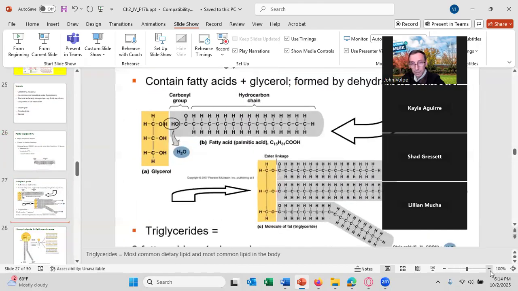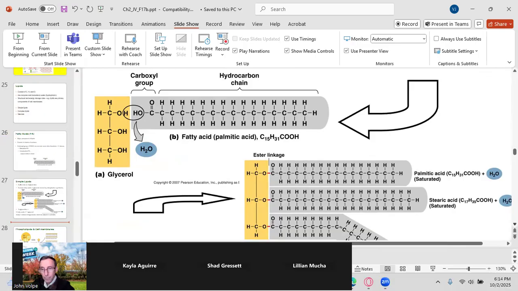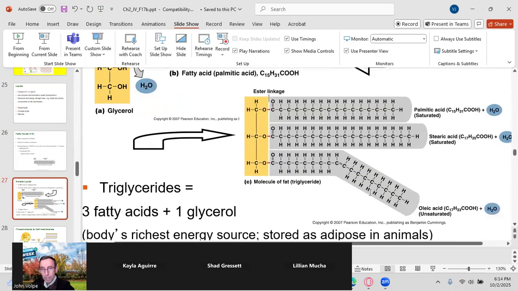Let me blow this up so you can see it. This fatty acid has a double carbon linkage, meaning two chemical covalent bonds link the two carbons together. Wherever that happens, there's a kink in the chain. Wherever there's a single carbon bond, the fatty acid is straight, and wherever there's a double carbon bond, we have a kink in the chain.